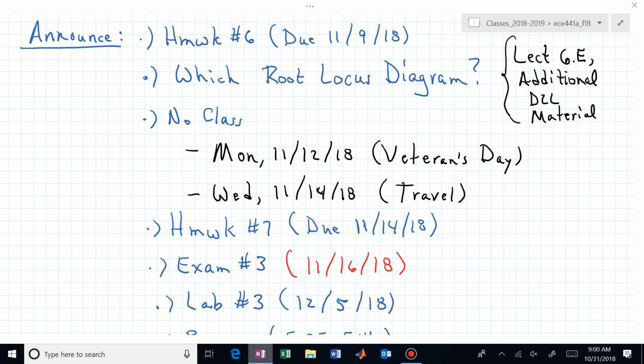And I'm going to go ahead and try to put some additional material on D2L, and it's essentially answering the question, which root locus diagram? You can have a pattern of poles and zeros, and depending on their spacing, that's going to influence what that particular pattern or the root locus looks like for that pattern.